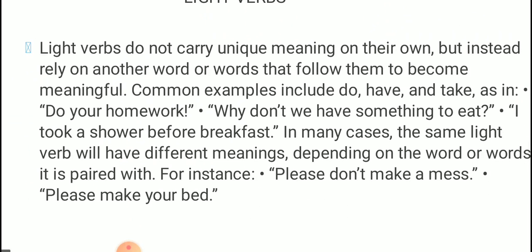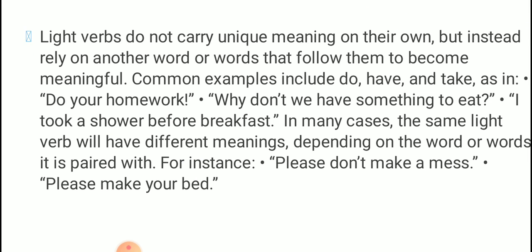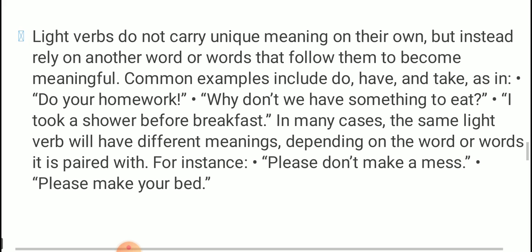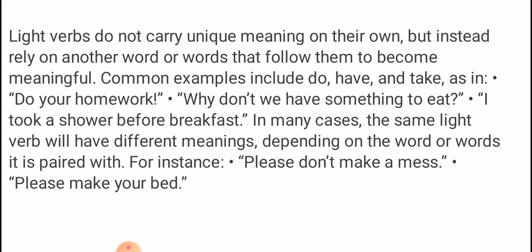Light verbs. Light verbs do not carry unique meaning on their own, but instead they rely on another word or words that follow them to become meaningful. They don't have individual meaning, but they are used in combination with a particular word in order to make it meaningful. Common examples include have, do, or take.